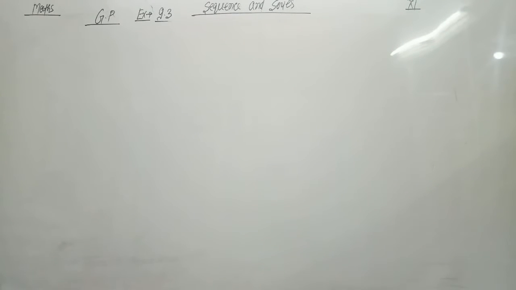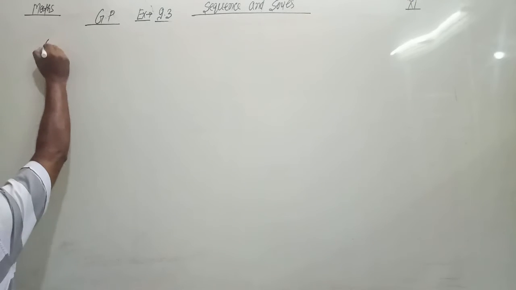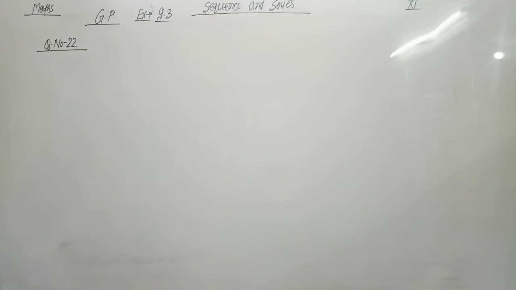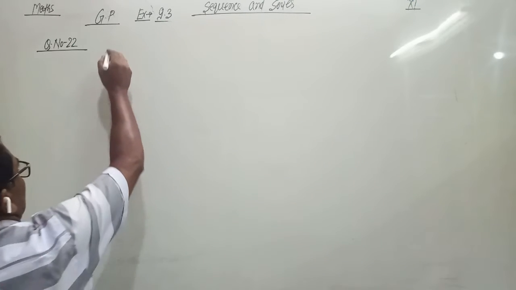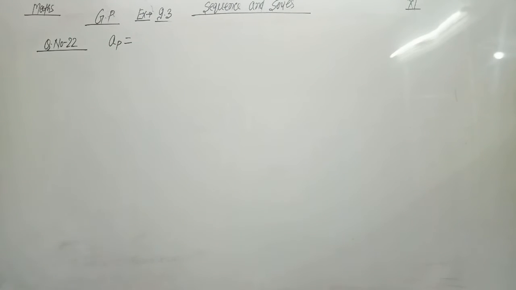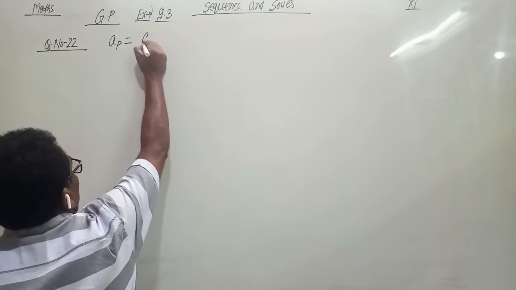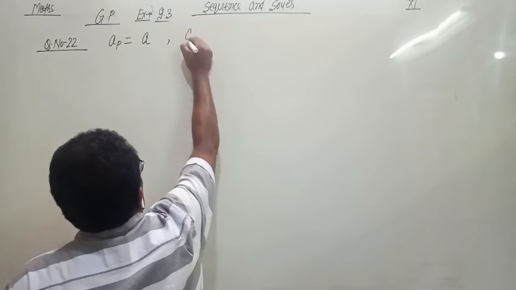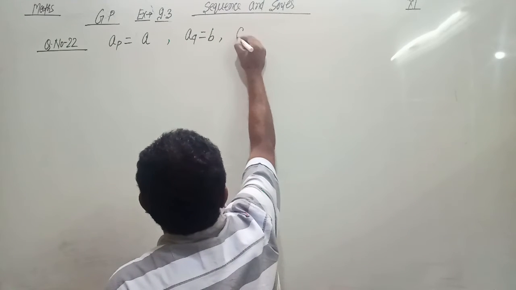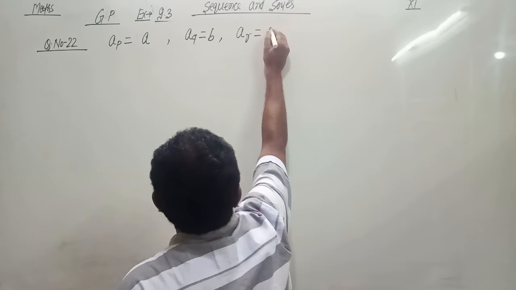Now question number 22. If the pth, qth and rth terms of a GP are a, b, c: the pth term A_p equals a, the qth term A_q equals b, and the rth term A_r equals c.